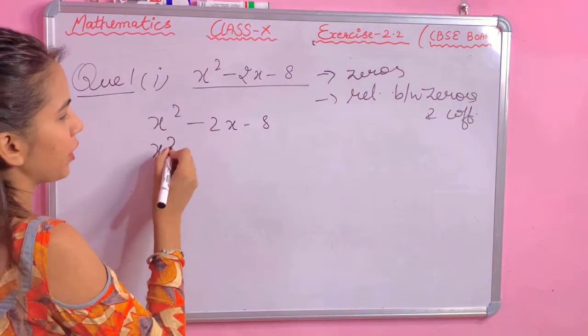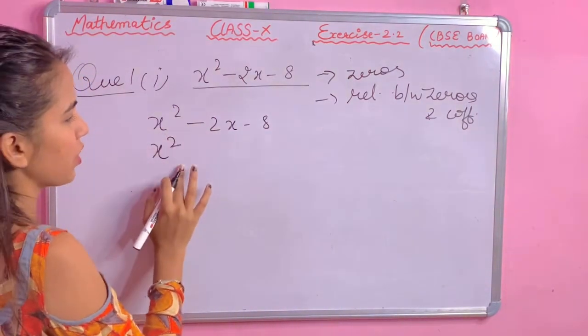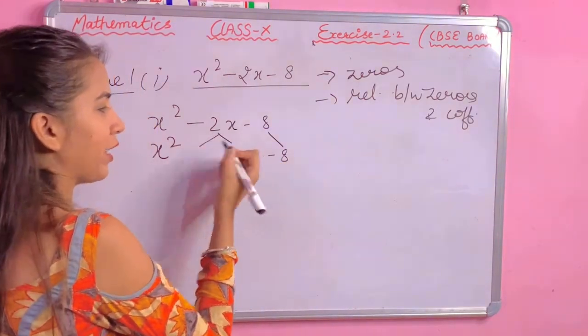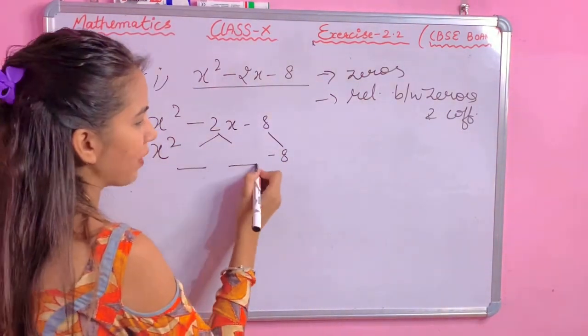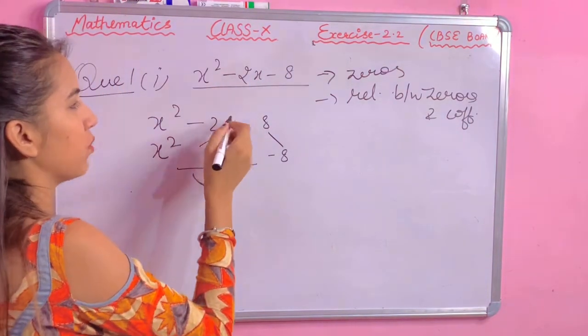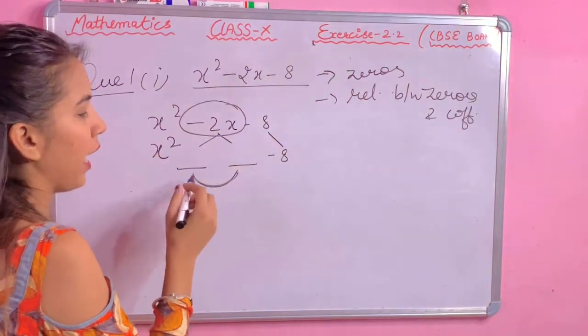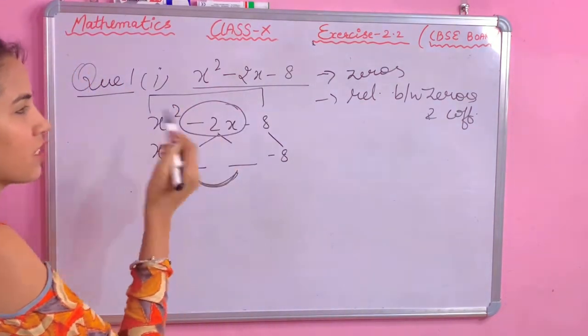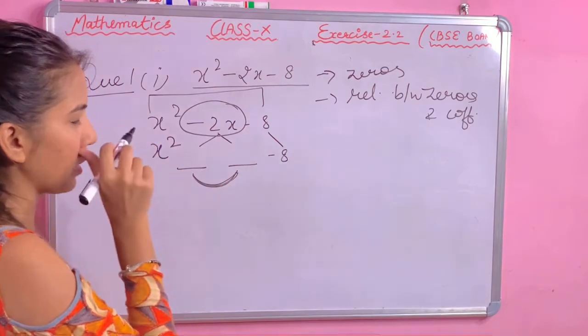In the middle term splitting method, the first term is as it is and the last term is as it is. We have to divide the center term into two parts such that the addition or subtraction of these two terms gives this term, and by multiplying these two terms we get the product of x square and minus 8.